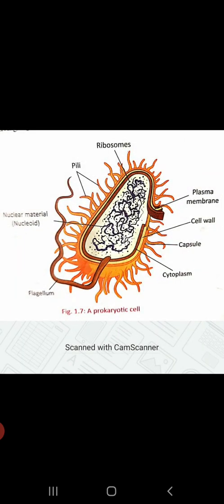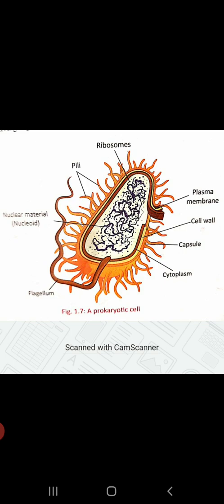I'll share a diagram of the prokaryotic cells with you all here. Yes? So is this prokaryotic cell same as the normal animal cell that you have been seeing? So what is the difference that you notice here? Can you see the nucleus here in the center or in the peripheral region?